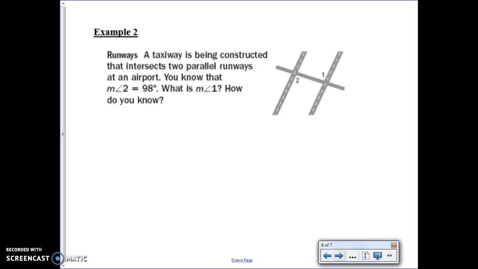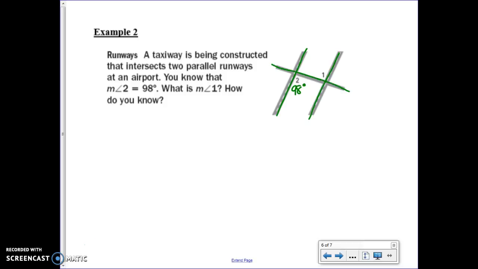All right, another kind of example you might see is talking about runways on an airport. So a taxiway is being constructed that intersects two parallel runways at an airport. You know the measure of angle 2 is 98 degrees. It wants to know the measure of angle 1. Well, again, here's our two parallel lines cut by a transversal.